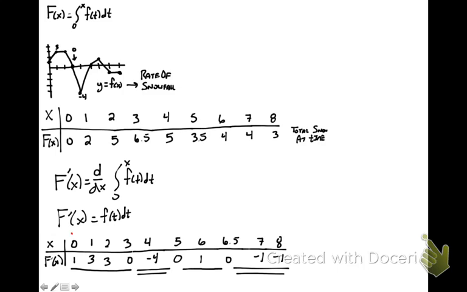What's happening at 0, that's an endpoint. What's happening at 3, because the derivative changes from positive to negative, so there could be a maximum there. At 5, there could be a minimum, because the derivative changes from negative to positive. There could be a maximum at 6.5, because the derivative changes from positive to negative. And 8, because it's an endpoint.